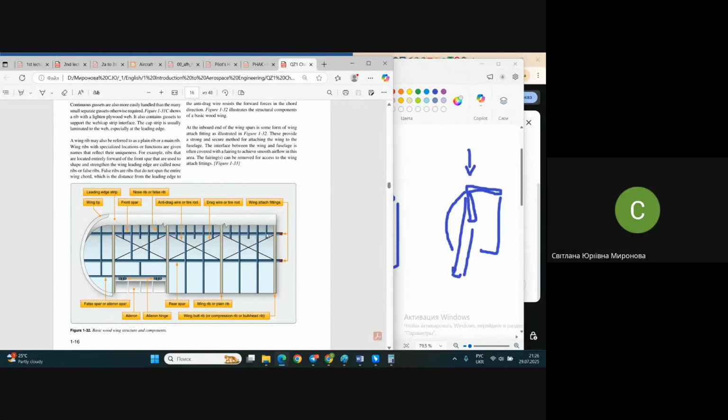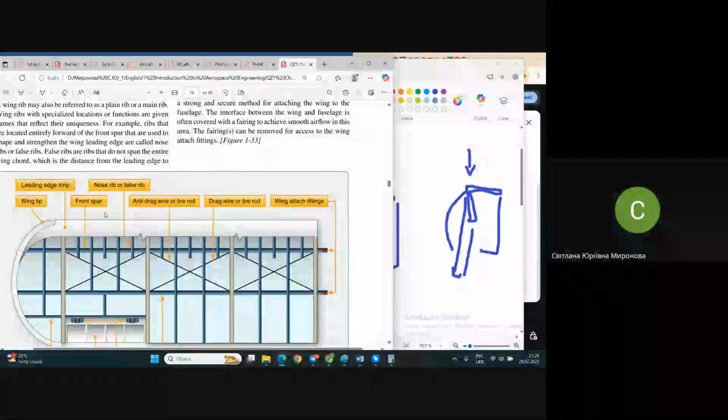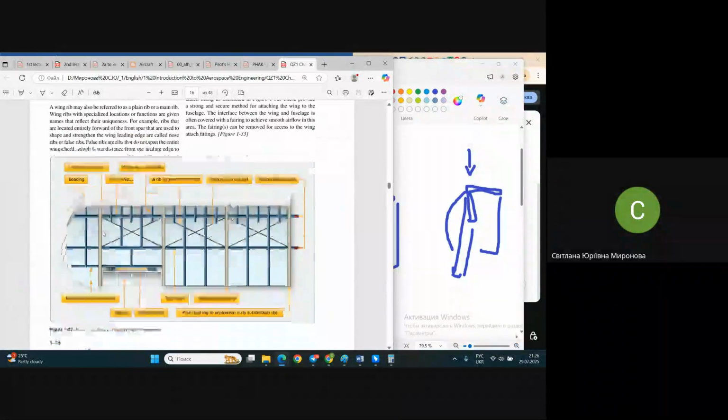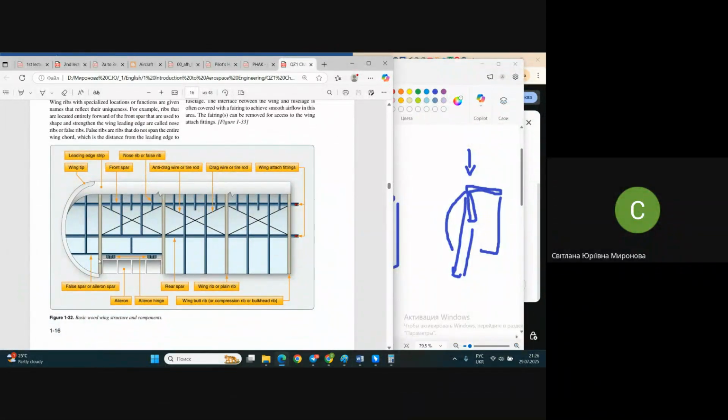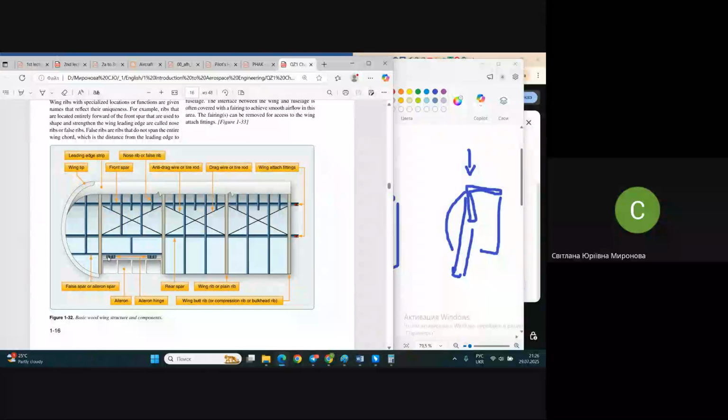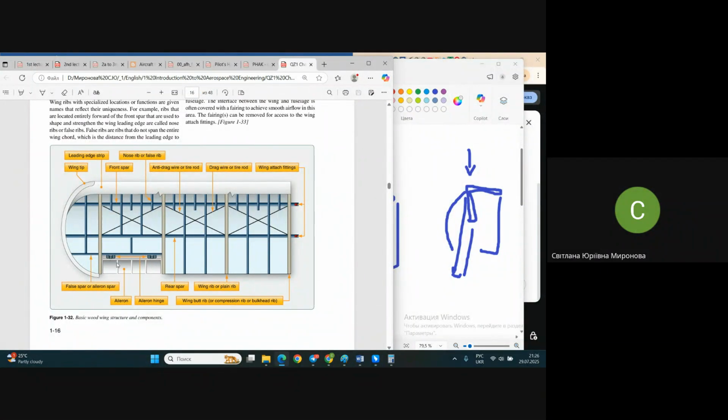On the trailing edge, there are some hinged elements shown. Maybe aileron. Yes, aileron. You see that the piece of wing is cut out, and you see here an element on the hinge. So that is the trailing edge, that is the leading edge.